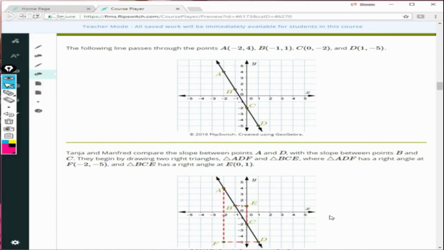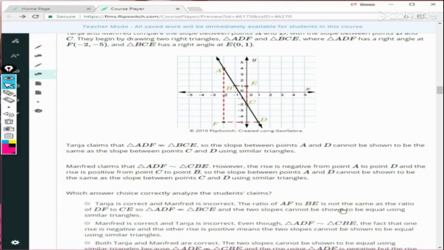Okay, Tanja and Manfred compare the slope between points A and D with the slope between the points B and C. They begin by drawing two right triangles, triangle ADF and triangle BCE, where triangle ADF has a right angle at the point F at (-2, -5), and triangle BCE has a right angle at the point E. Coordinates are (0, 1).